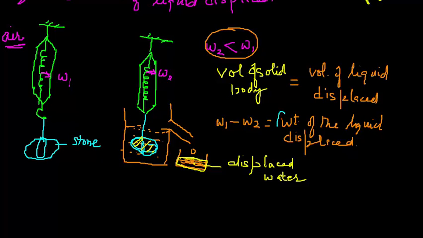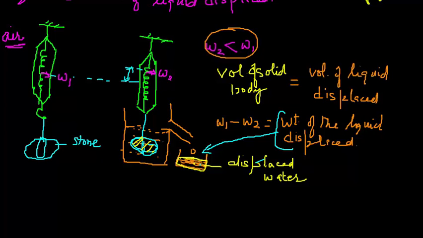W1 was the weight in air and W2 is the weight of the body when it is immersed in liquid. So this difference in weight is equal to the weight of the liquid displaced, and the volume of the solid immersed is equal to the volume of the liquid displaced.